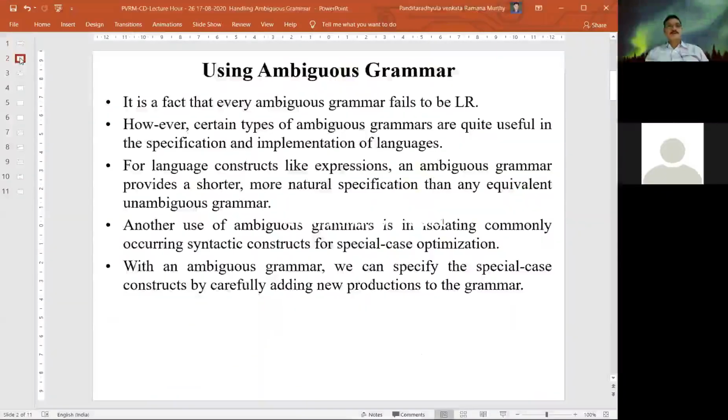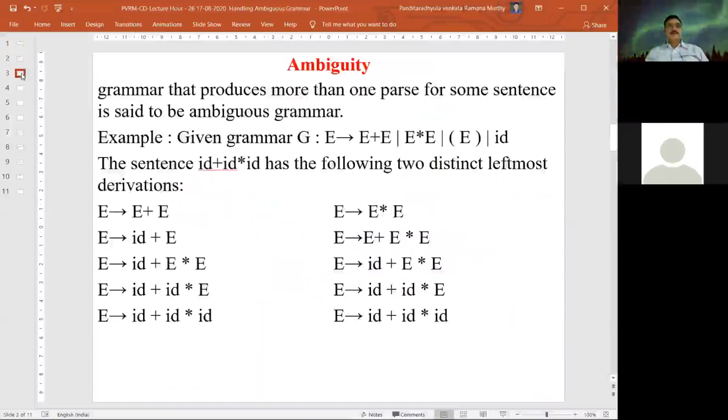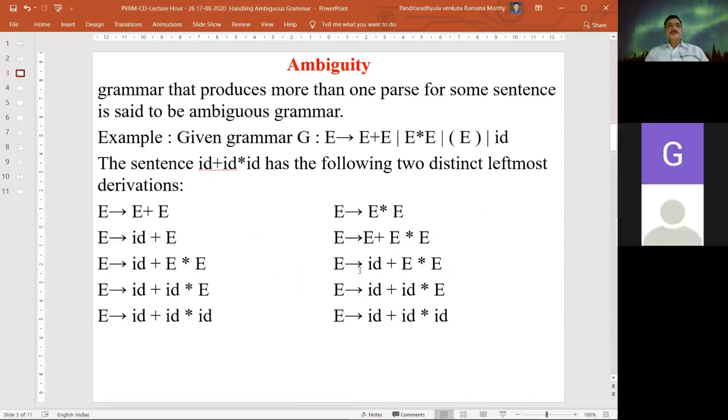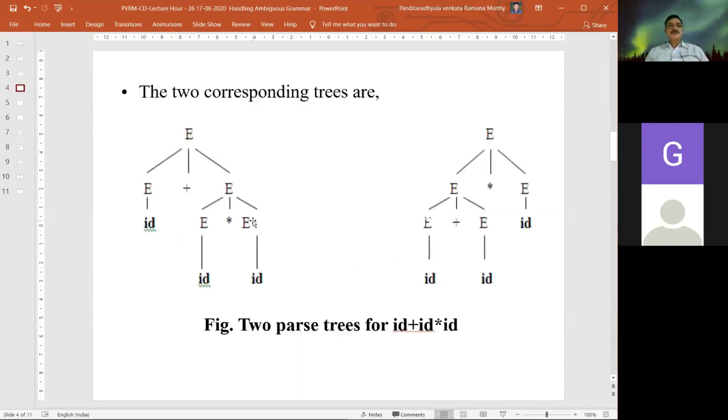When you say the grammar is ambiguous, it means that for any given parsing of the input string, you get two different derivations, two different leftmost derivations or rightmost derivations, or the grammar has two different parsers for the same input string. Then we can say the grammar has ambiguity.